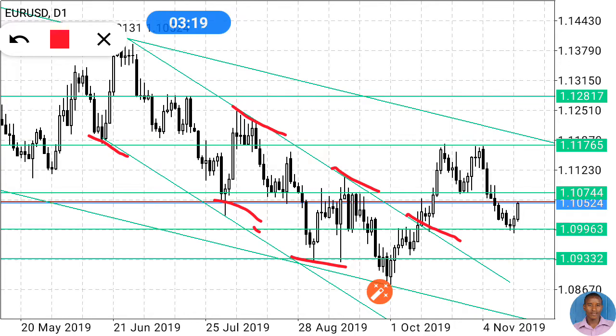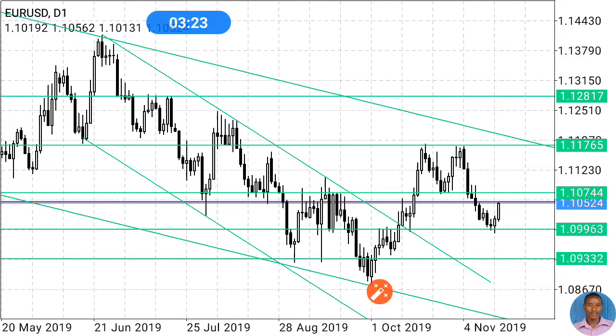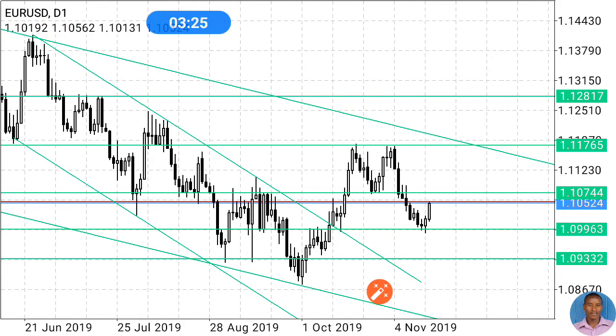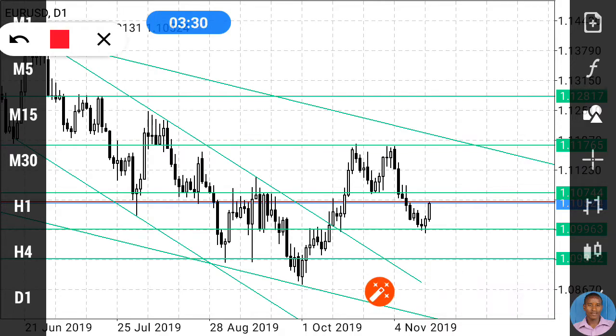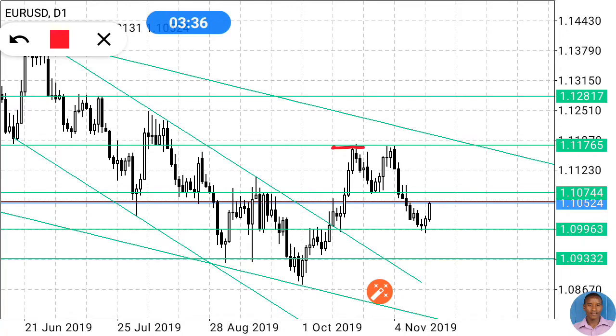So that's the reason why I connected these points in a channel, and the reason why I added the horizontal lines is because I'm connecting the following points. The first horizontal line is because we have highs at this point and highs at this point.